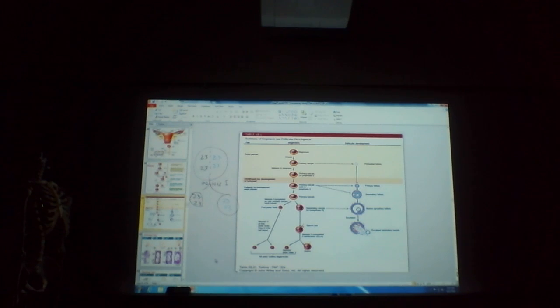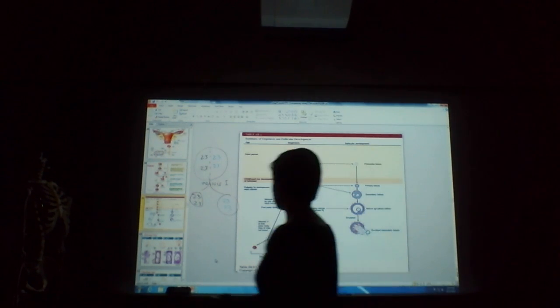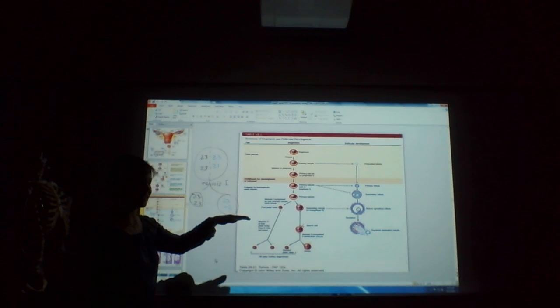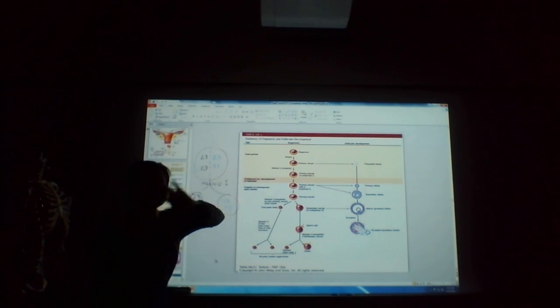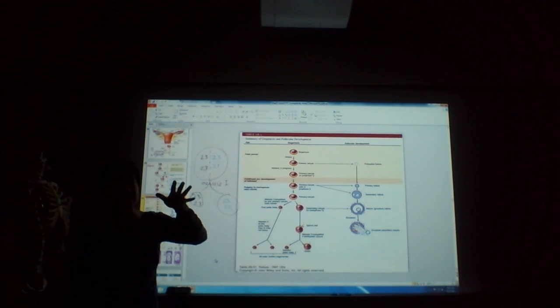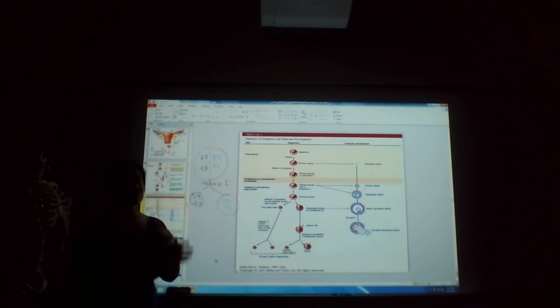Okay, so do you have any questions so far? Remember, we have meiosis. This is what we're going to, we haven't even ovulated yet. So each month we're going to coordinate this or correlate this with our hormones. But we haven't even ovulated yet. Remember day 14 is when we ovulate.